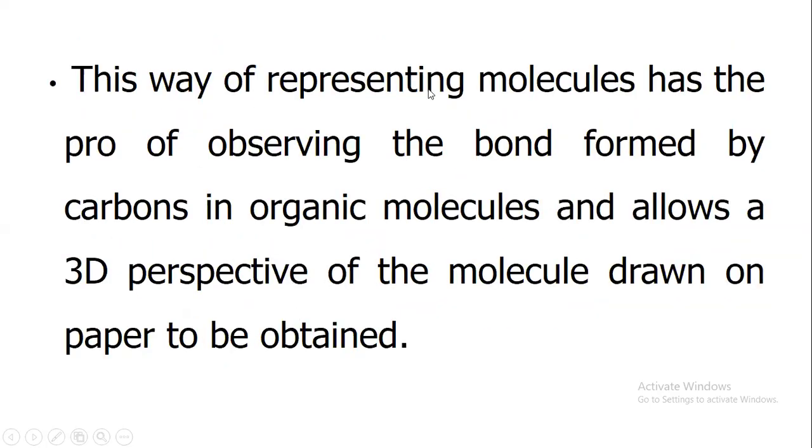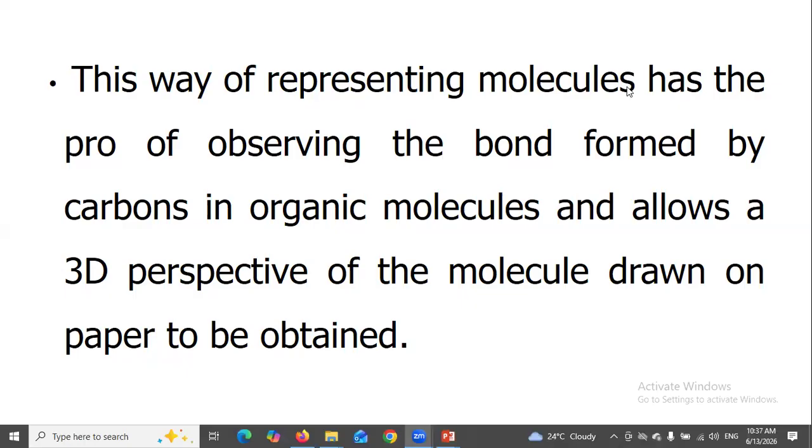This way of representing molecules has the advantage of observing the bonds formed by the carbons in organic molecules and allows the 3D perspective of the molecules drawn on paper to be obtained.